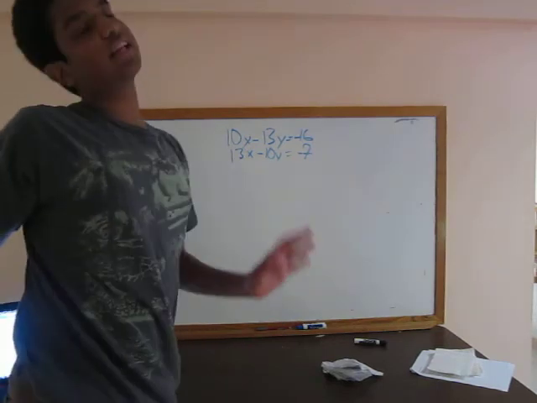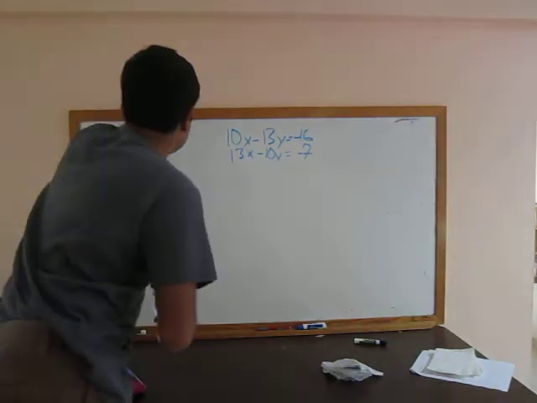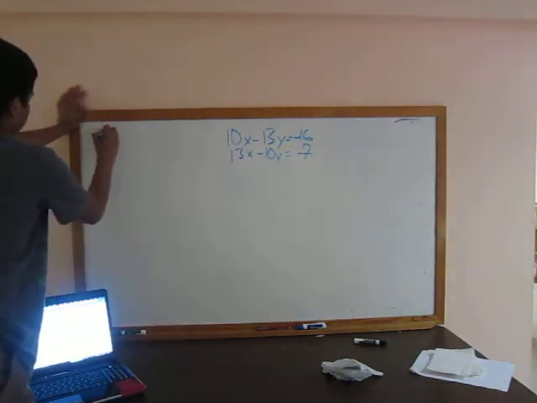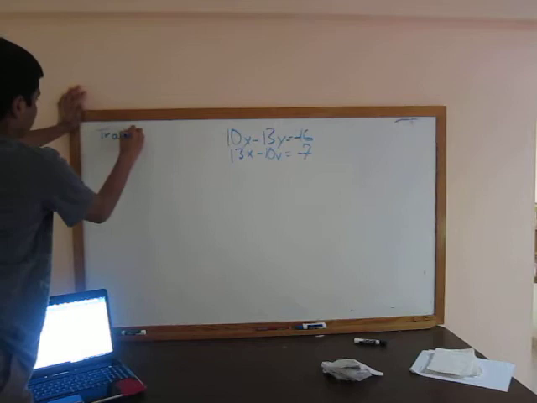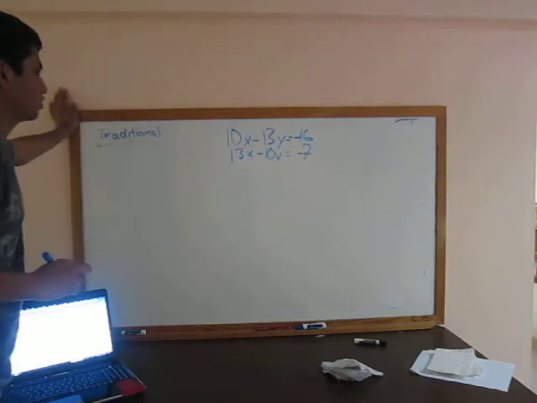So I'm going to do it slightly differently. I'm going to add some steps in the beginning in this case. First, I'm going to do it traditionally though, just to show you how that would work.